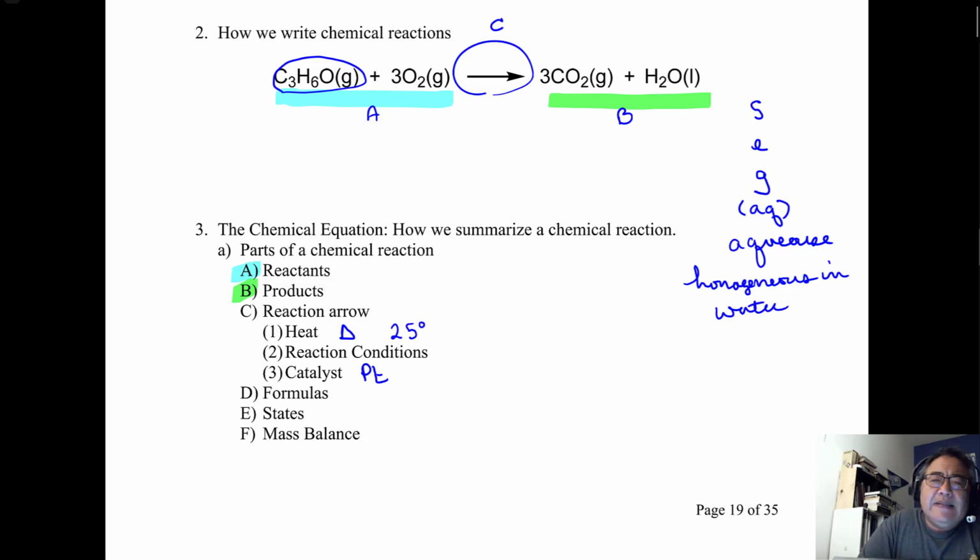So the last thing on here you're perhaps not familiar with, but it's these numbers that are here. And these, just like in math, get termed coefficients, but in chemistry they have a special term related to it. It's called the stoichiometric coefficient.